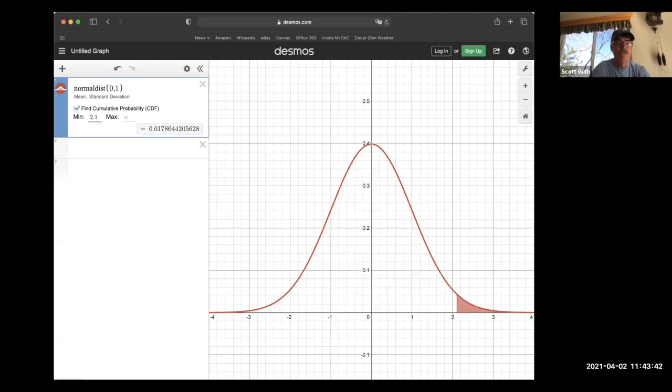The min is 2.15. And the max is 3.11. And you get 0.0418, which once again, we got 0.0419, which is within the rounding error, no problem at all. Either one of these is a great answer. And we're done.